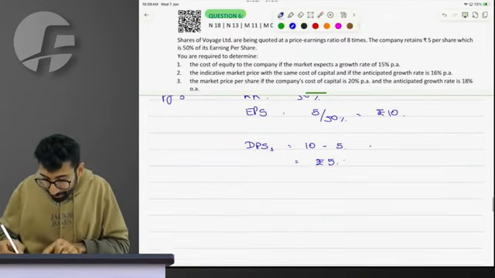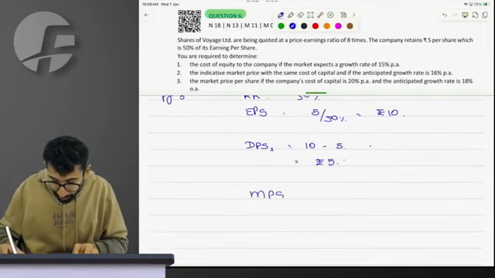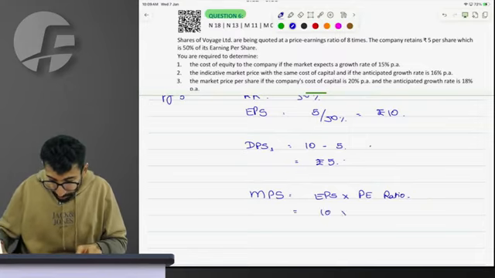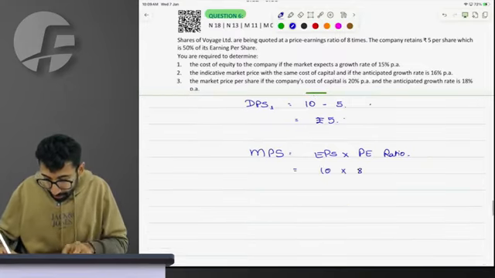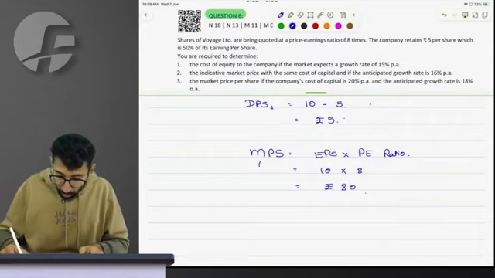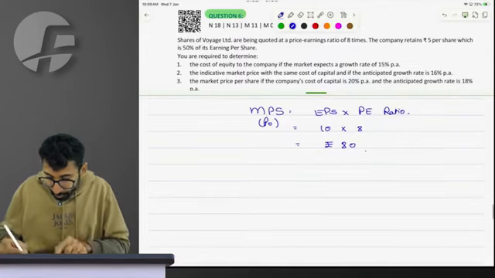So DPS is clear. Now can I say MPS is equal to EPS multiplied by P/E ratio? Yes sir. If my EPS is rupee 10 and P/E ratio is 8, my MPS, everyone, is rupee 80. So P0 is there, D1 is there, plus growth is there.